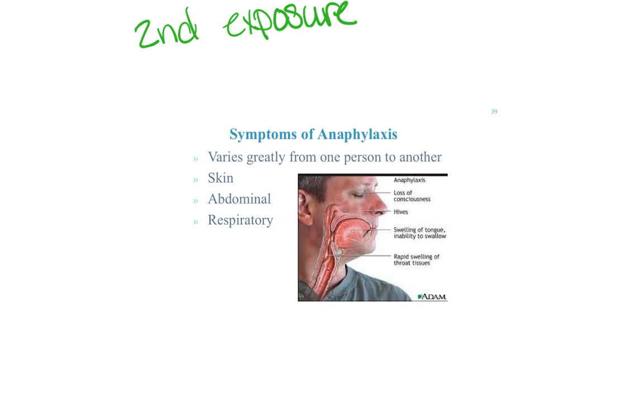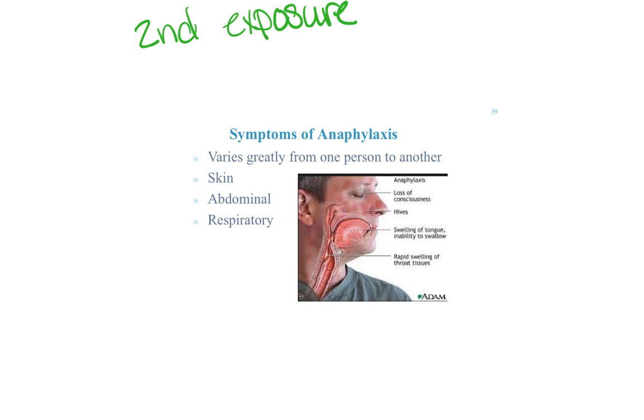So the antigen slips into the receptor on the mast cell and degranulates the mast cell, and then the inflammation mediators are released. So second exposure is more likely. And reactions can continue to get worse and worse with continued exposure. You can also be fine with something to eat, for example, eat strawberries your entire life, and then all of a sudden have this type of reaction to it.